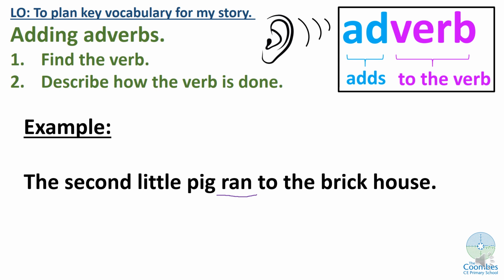Now we need to describe how the verb is done. How did he run? Did he run slowly? Did he run quickly? Did he run fearfully? I'm going to say he ran quickly. The second little pig ran quickly.